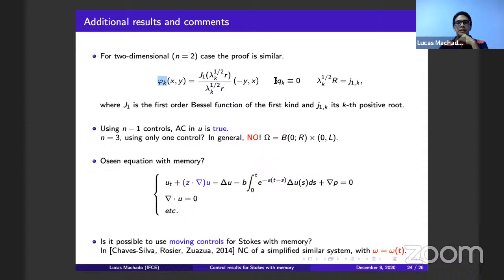Okay, and q_k, the pressure, still is null. In the three-dimensional case, the eigenfunctions depend on the same functions.